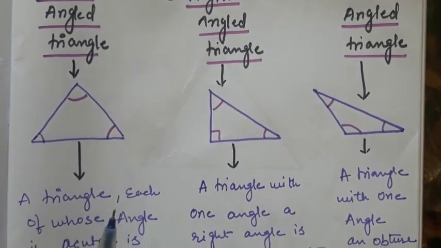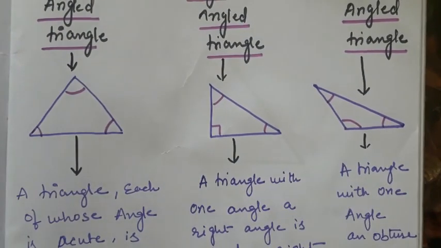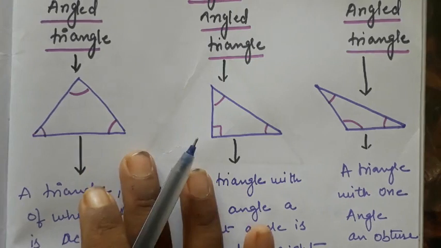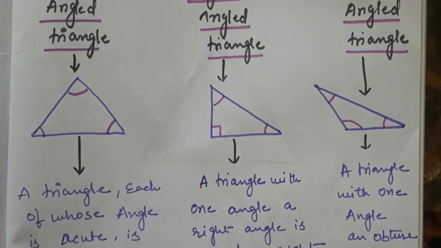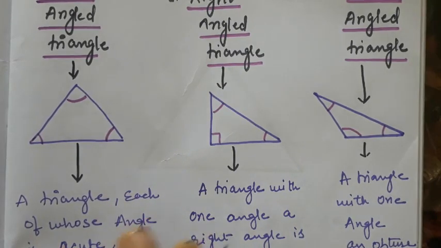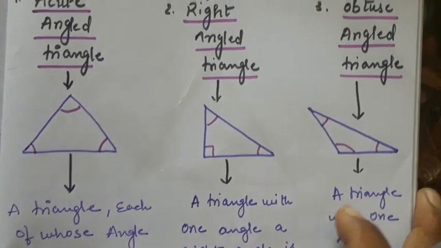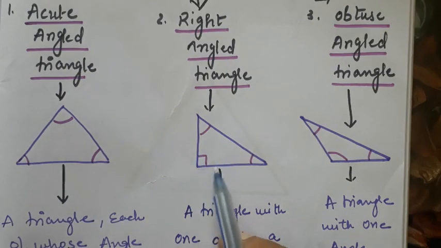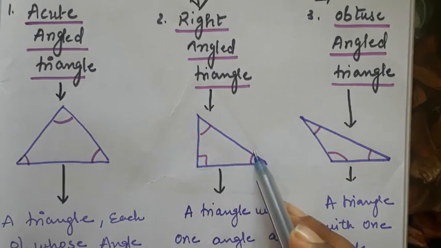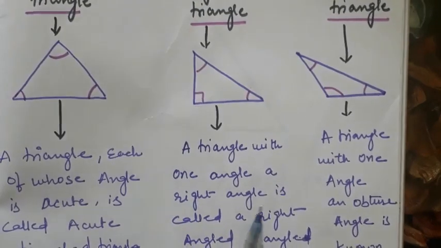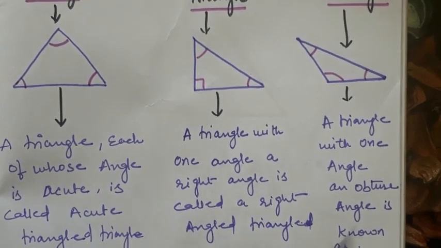Acute angles are angles less than 90, so a triangle in which all the angles are less than 90 is an acute angled triangle. Next is the right angled triangle, in which one angle is equal to 90 and the other two are acute.